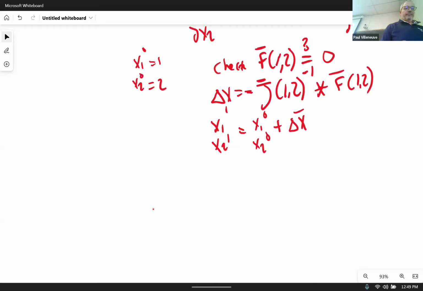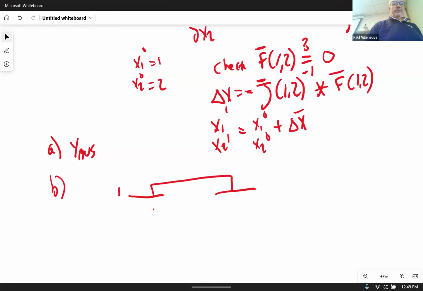Last problem. I'm not going to do Y bus because you're all pros at that. But remember, you have to invert, right? Those are given to you as Z's. Those aren't Y's. So a bunch of you forgot to invert. First part. The second part: you had a system, this is bus 1, 2, and 3, right?